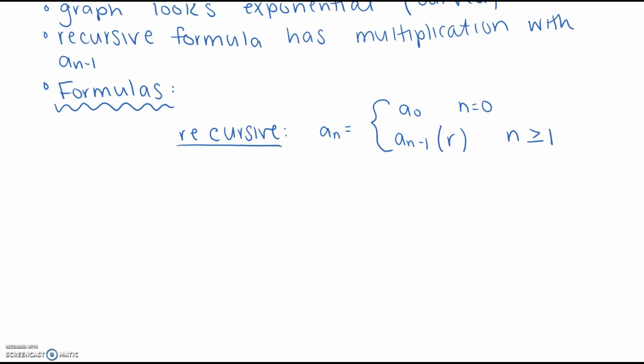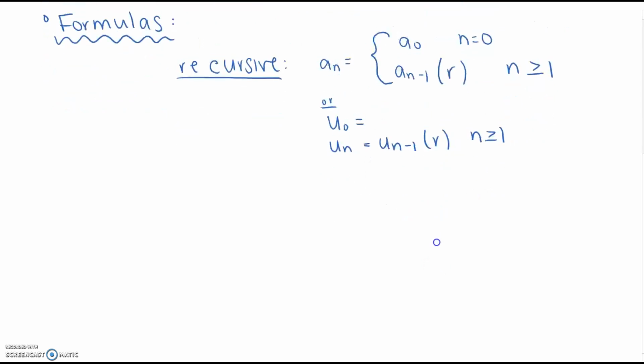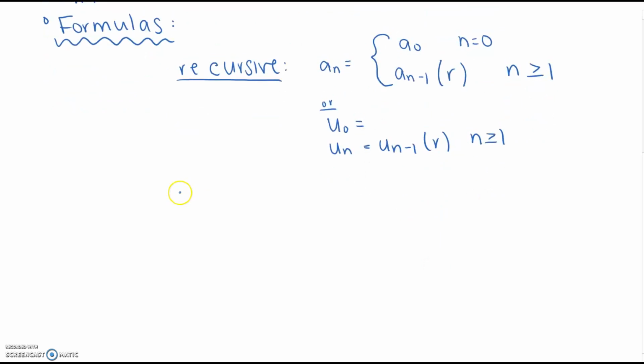If you wanted to use u's, you could do u sub 0 equals the starting number, u sub n equals u sub n minus 1 times r when n is greater than or equal to 1. So that's recursive.